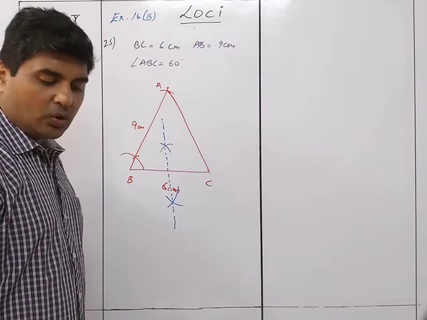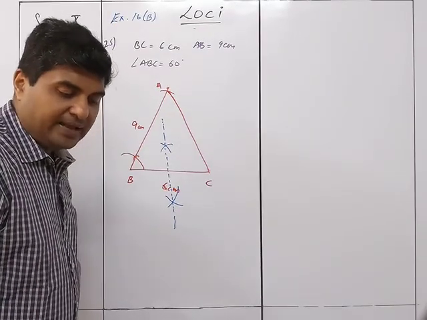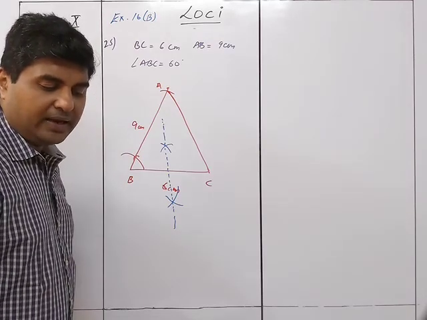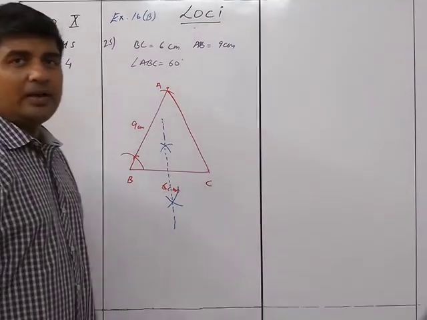Now construct the locus of vertices of the triangles with BC as the base and which are equal in area to triangle ABC. Now, equal in area to triangle ABC means what?